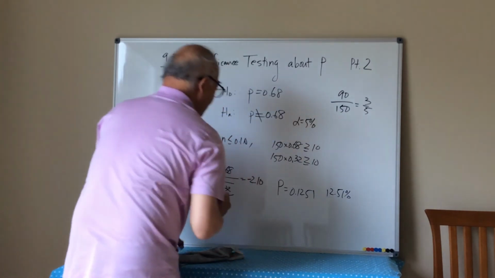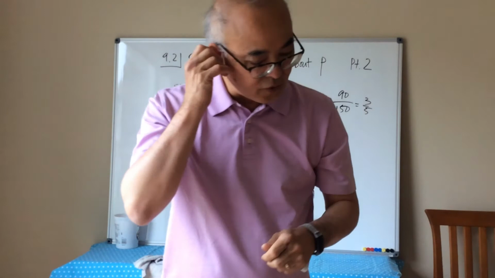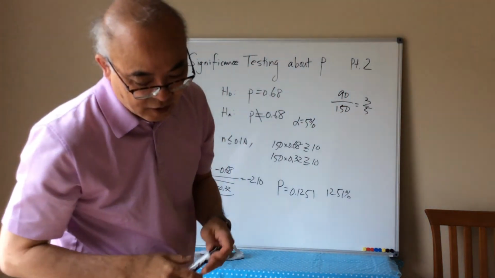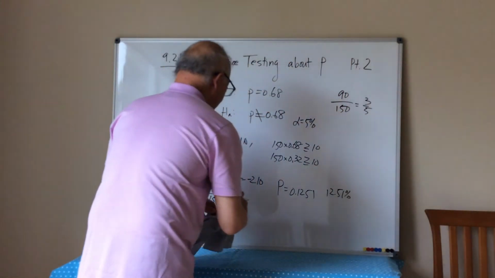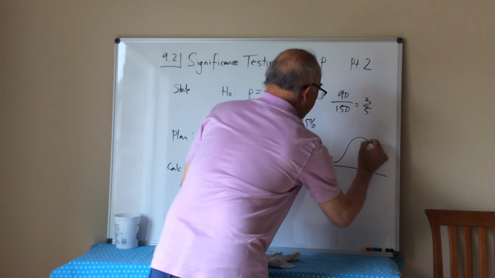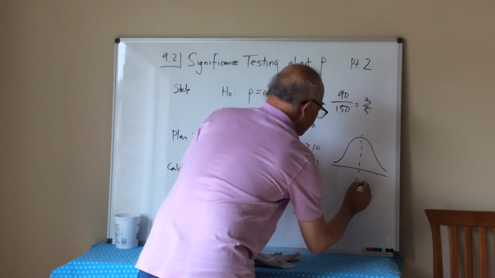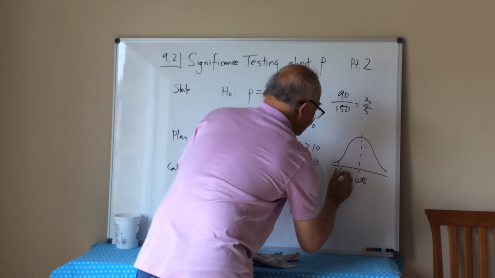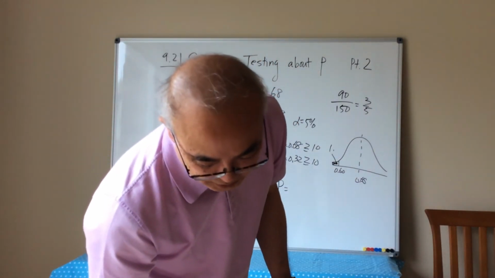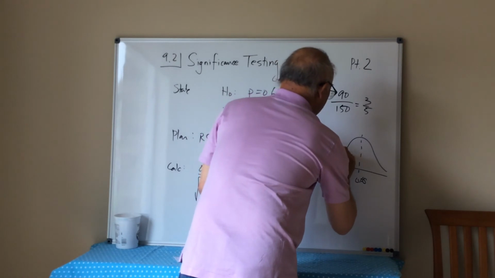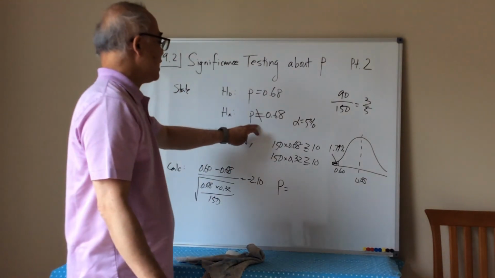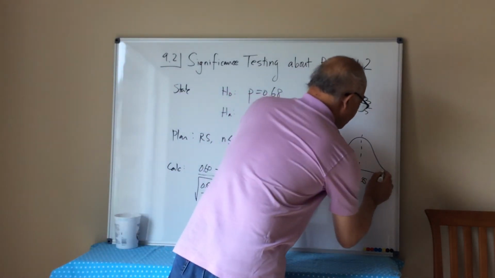If we go to table A, we find that our p-value for one side is 0.0179, which is 1.79%. But we're looking at not equal to, so it could actually be on the other side too.